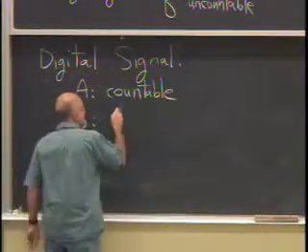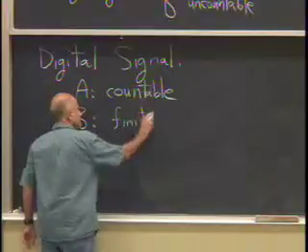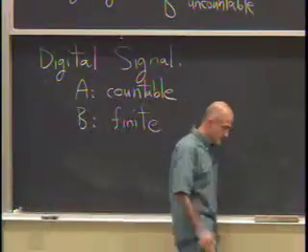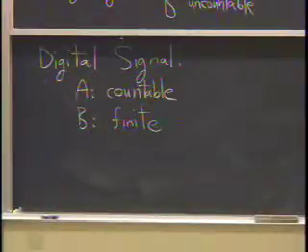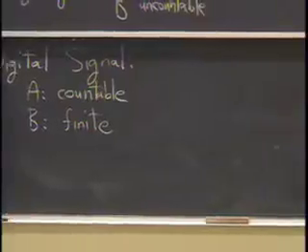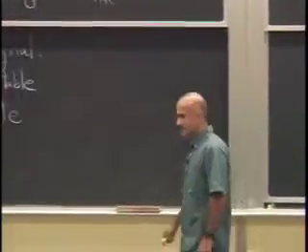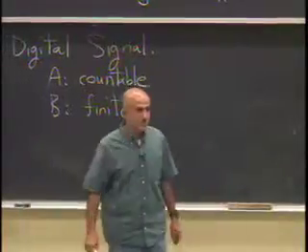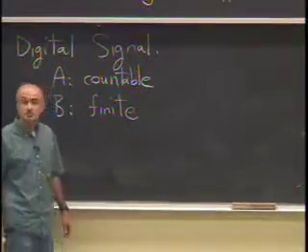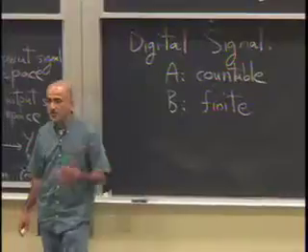It is finite. What is a finite set? How many elements does it have? A finite number of elements. Right? 1 through 5. A binary signal has how many elements in its range? 2. 0 and 1, or 1 and minus 1.